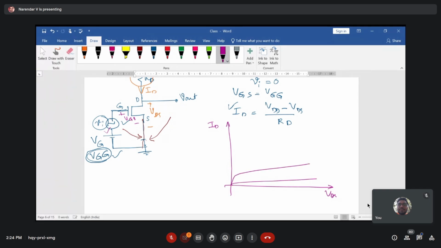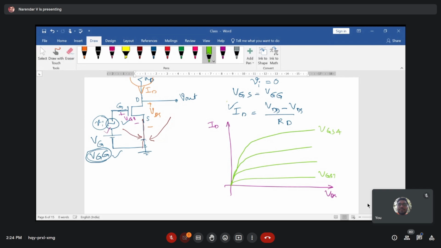As the gate to source voltage increases, there is an increment in your current. So let me depict with different colors here. This is how you can see this. This is for VGS1, and you can consider this is VGS3, and this is VGS4, as you are increasing the VGS value.